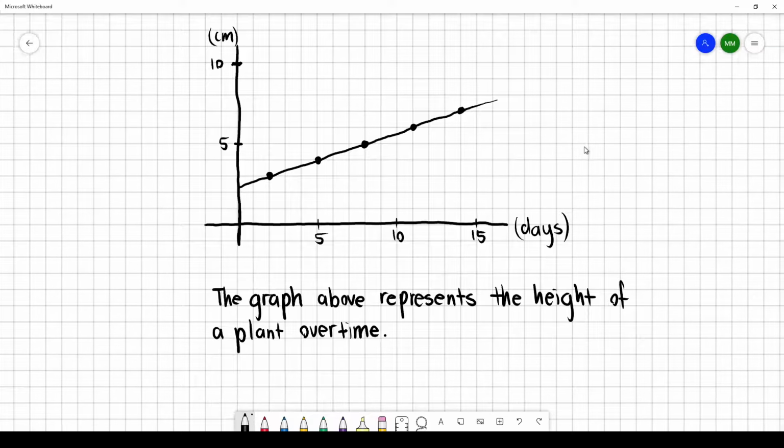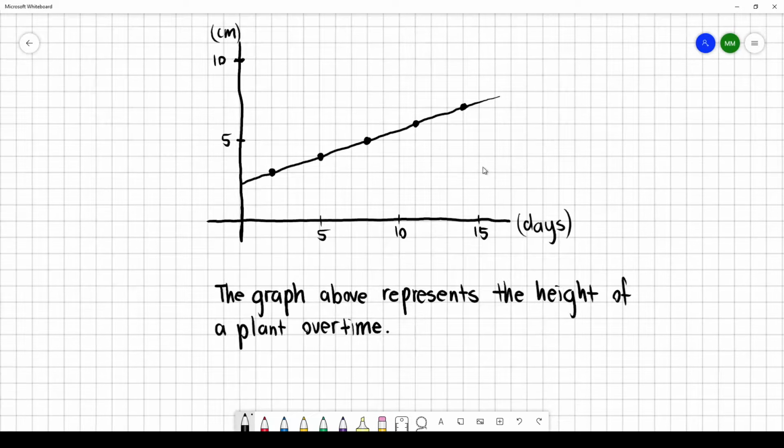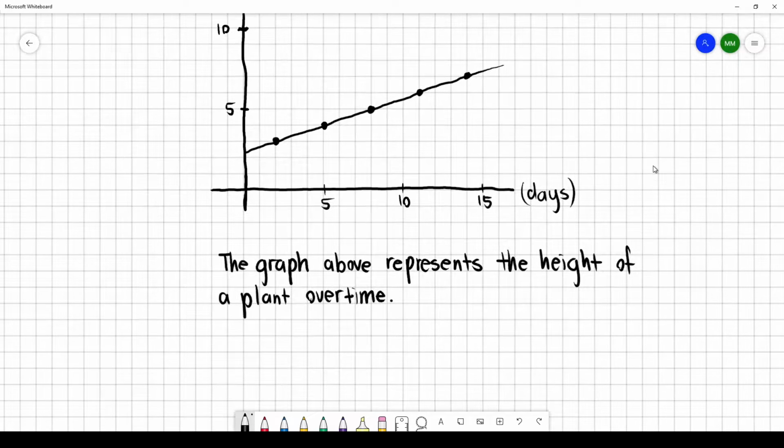It didn't start at 0 because let's say I bought it in the store and it was already growing. So that's why the initial height was not the actual initial height. The actual initial height should be 0, when it's just a seed. But in this question, we assume that the initial height is not 0. So anyway, this line represents the height of a plant over time.